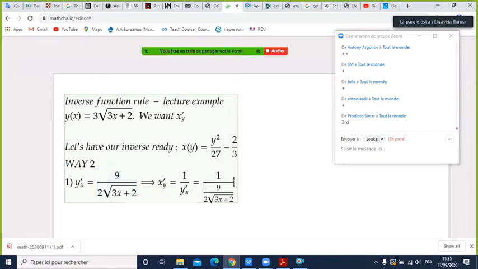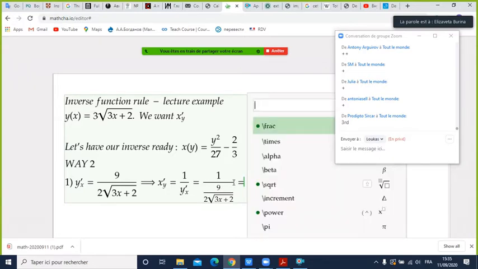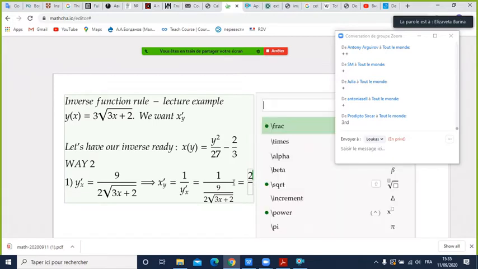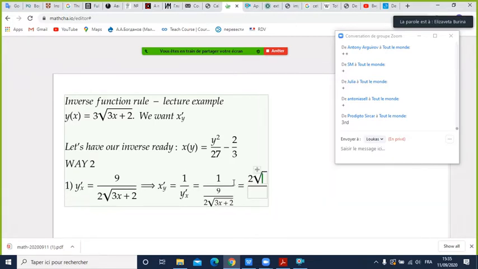And let's make it a bit better. When we divide by a fraction, after the division what we're supposed to get is 2 square root of 3x plus 2, and in the denominator we're getting 9. Okay, is that okay? So far so good?